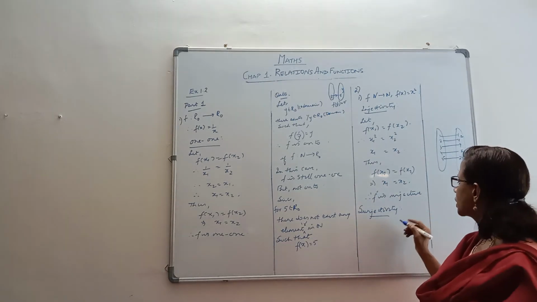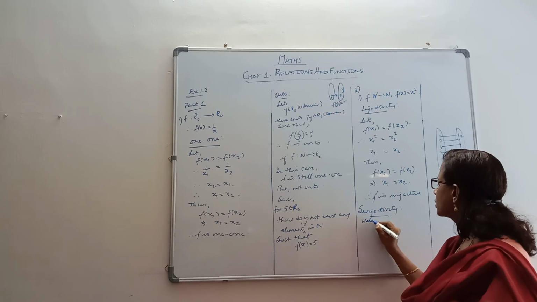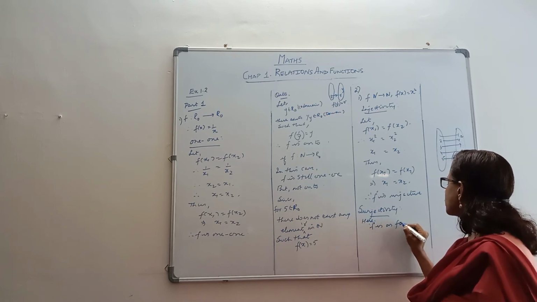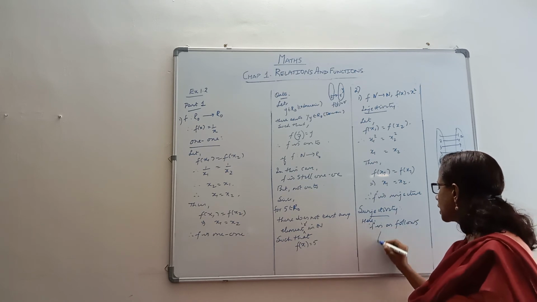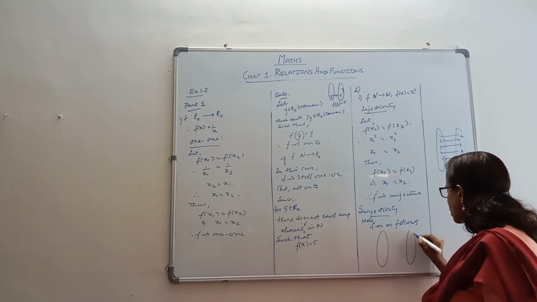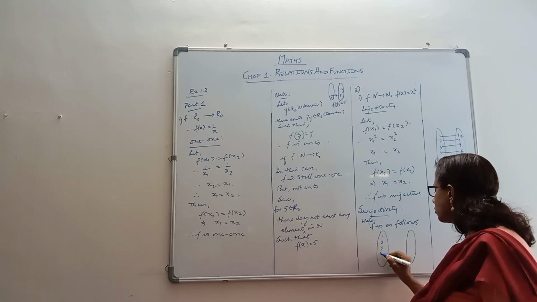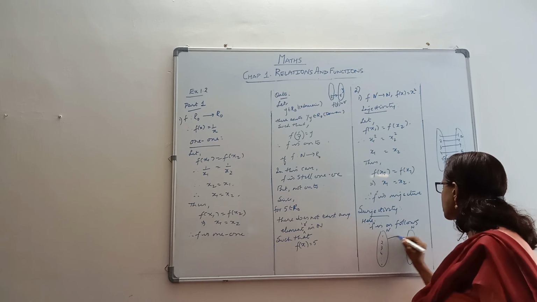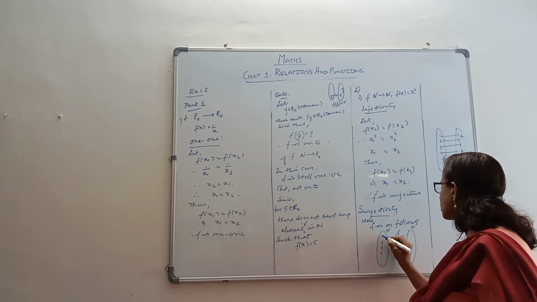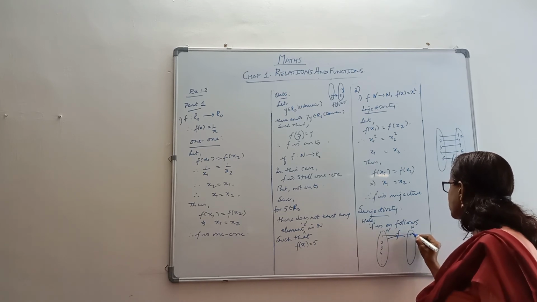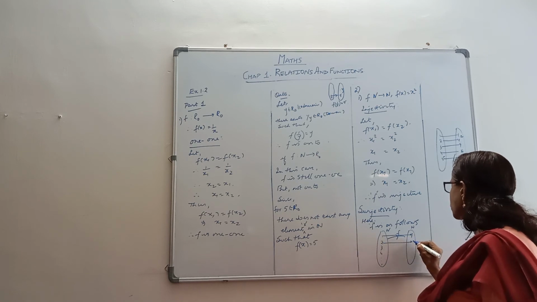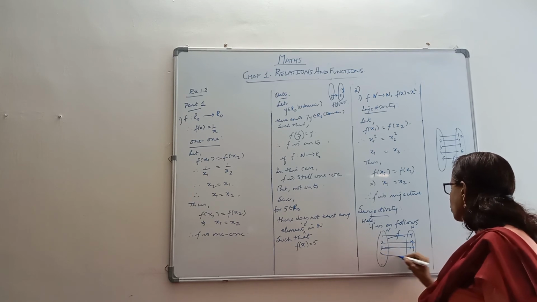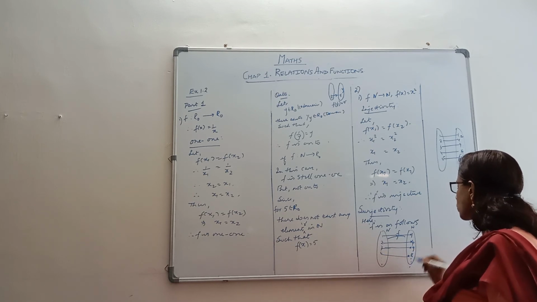If you want, we can draw it here. Here f is as follows. We can have it formally drawn. 1, 2, 3, 4, and so on. This is natural to natural f. So 1 will go to 1, 2 will go to 4, 3 will go to 9, 4 will go to 16, and so on.